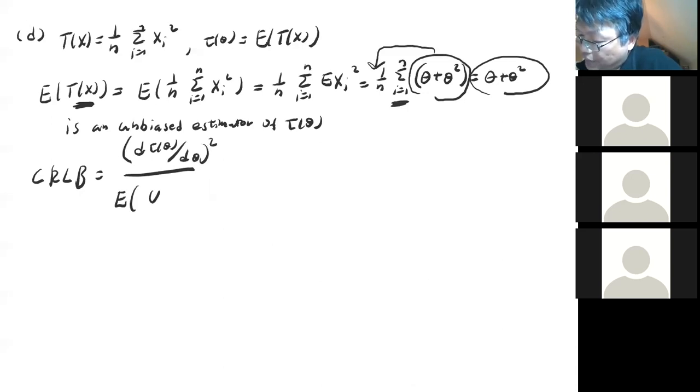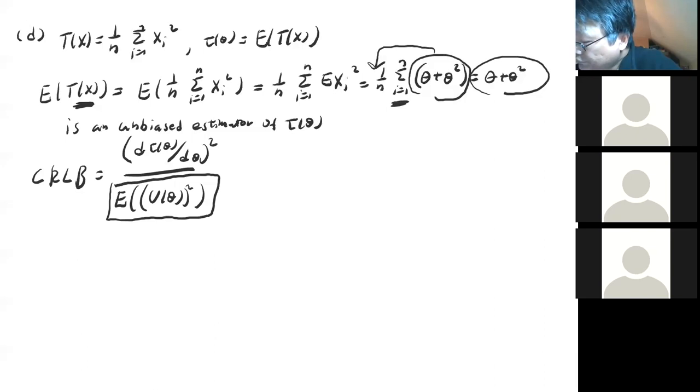Expectation, the score function in theta, then taking the square. One thing I want to mention is that the denominator of the CRLB is still the same. So this denominator won't change because of tau theta. Making sense?